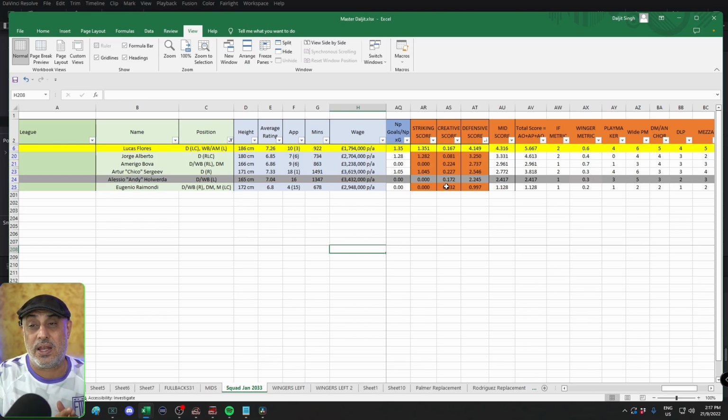It tells me that Andy Holweda can create better chances than Luca Flores, but the difference in both these players lies in the fact that Luca Flores is a bit more defensively resilient. His numbers here in terms of defensive actions show that he clearly dominates that part of the game. While Andy Holweda is great going forward, Luca Flores will probably be a better option for me if I wanted to be a bit more defensive on the left side.